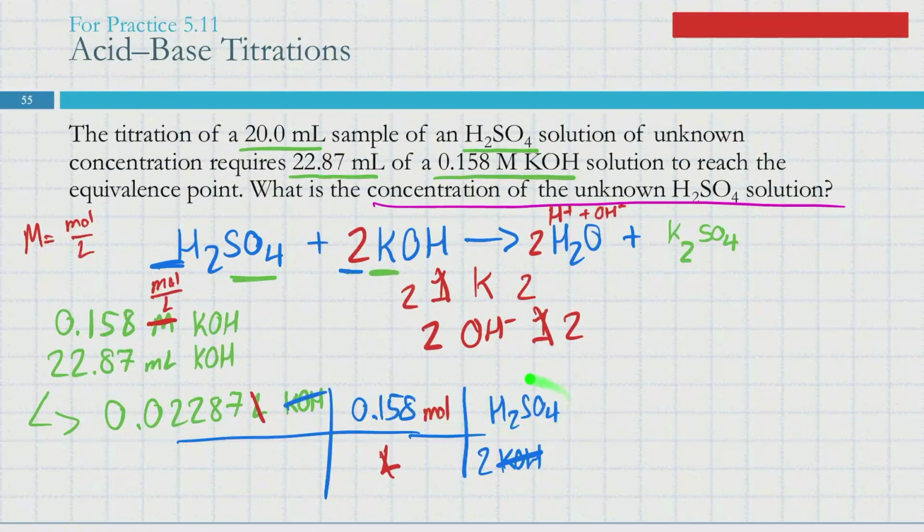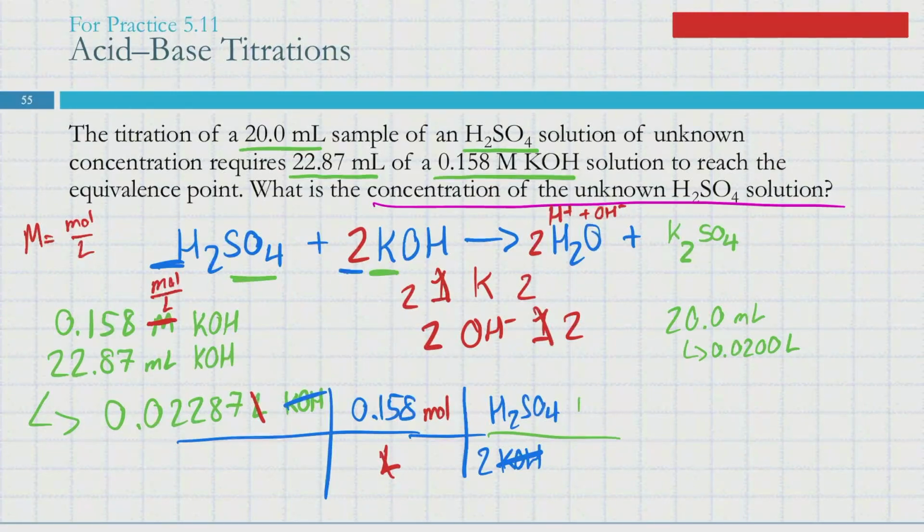So now we know the moles of sulfuric acid. We can calculate concentration, since concentration, molarity, is moles over liters. So we're going to take the moles that we have here, divide it by our liters. 20.0 milliliters is 0.0200 liters.